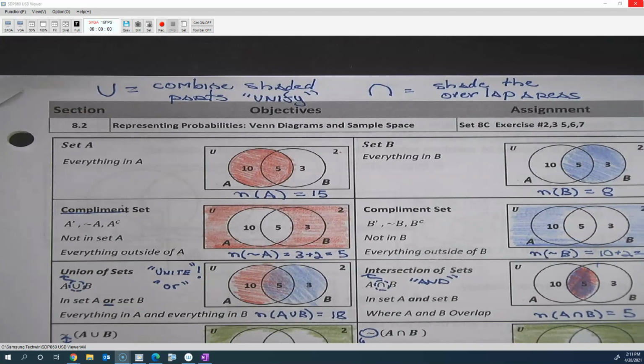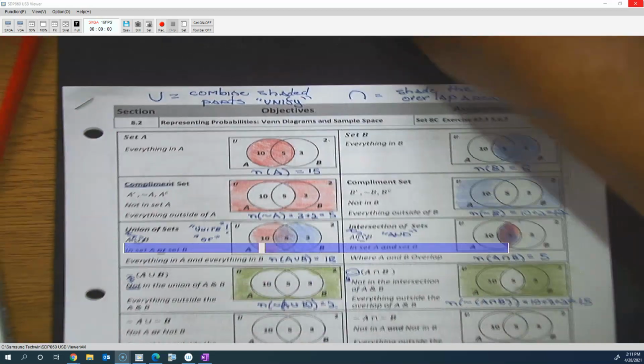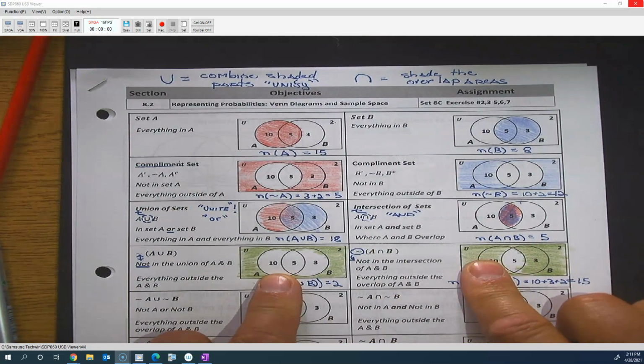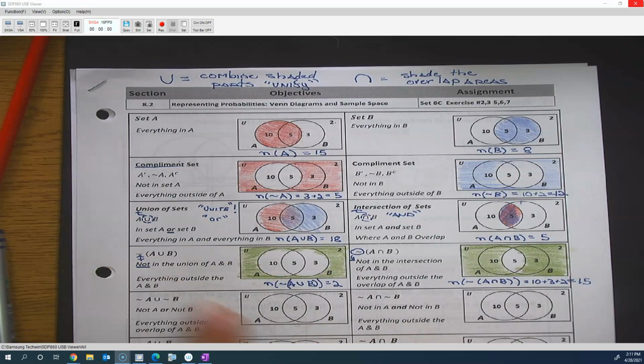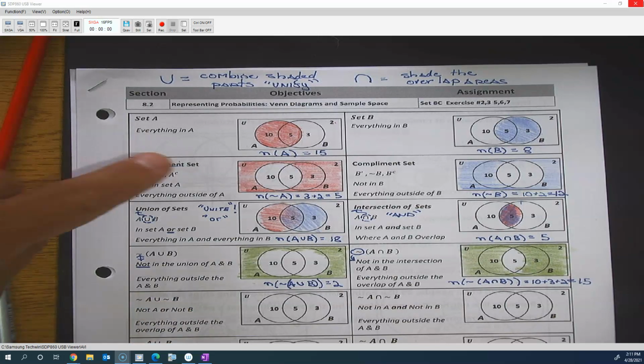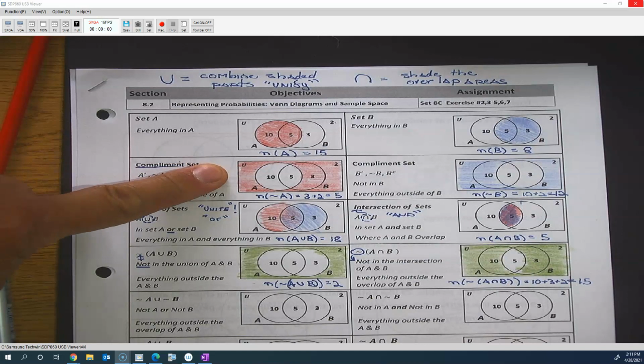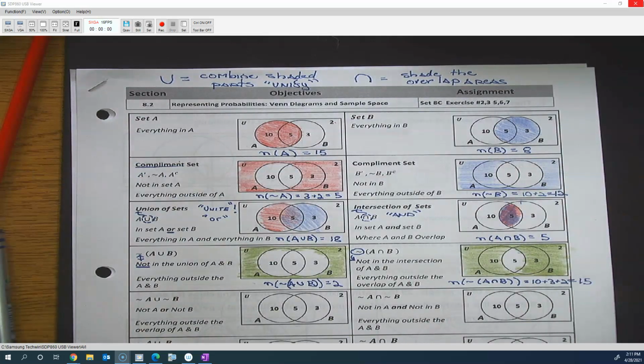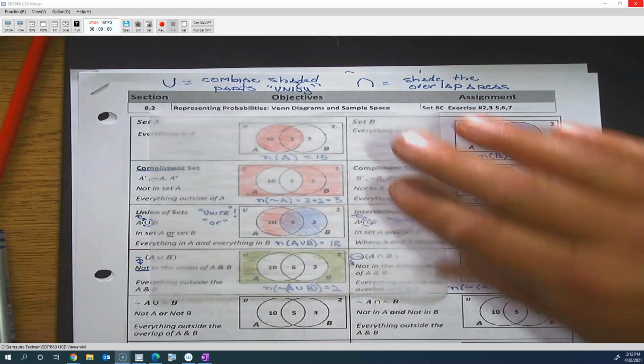Okay, so we've done each one of these individually. Now we're going to combine them. So when you look at this, here's the one that we're doing. Okay, we want to do not A united with not B. So here's not A. Okay, here's not B. Okay, so this is where this kind of comes in handy to help you visualize it.